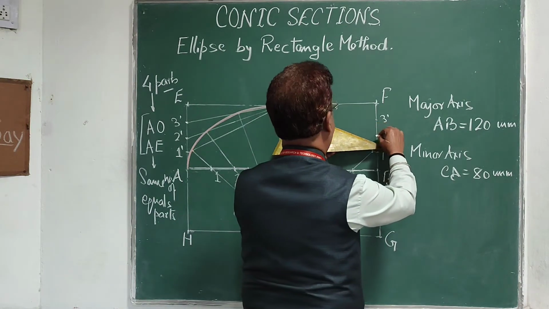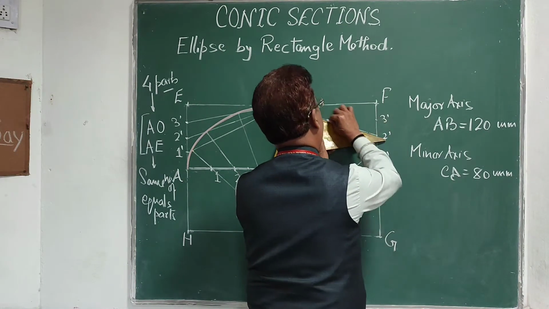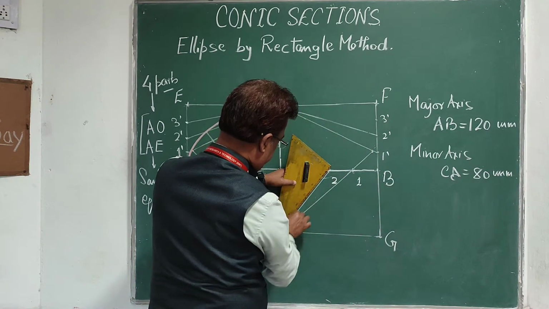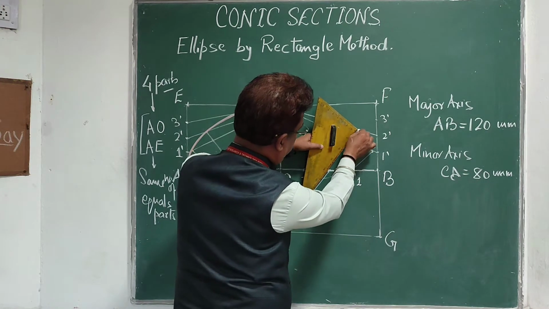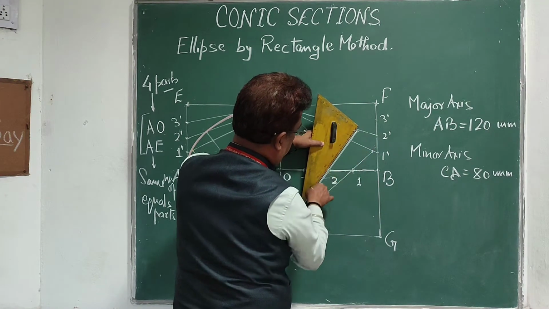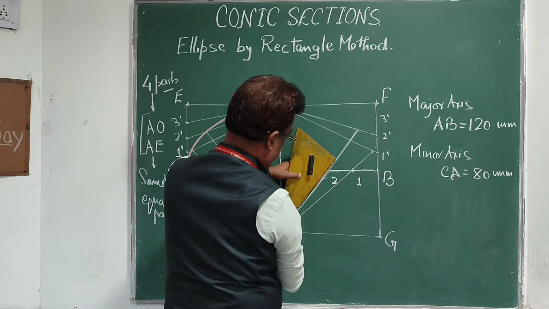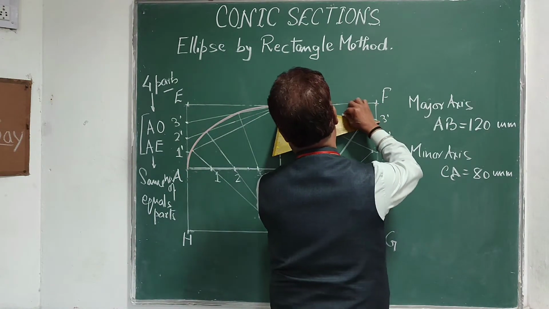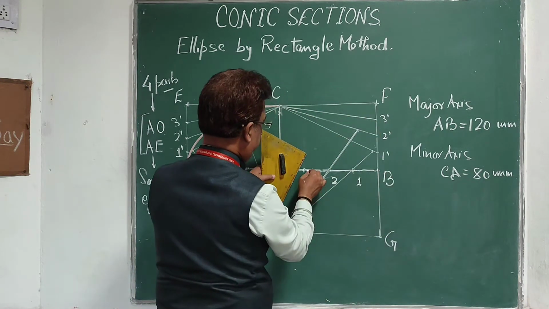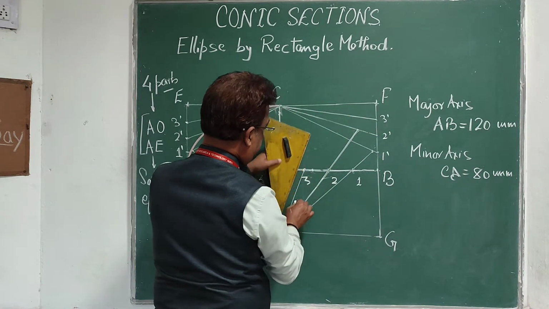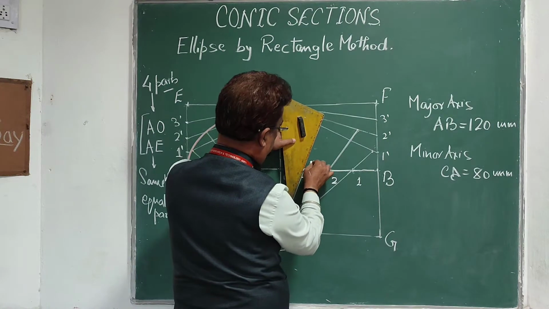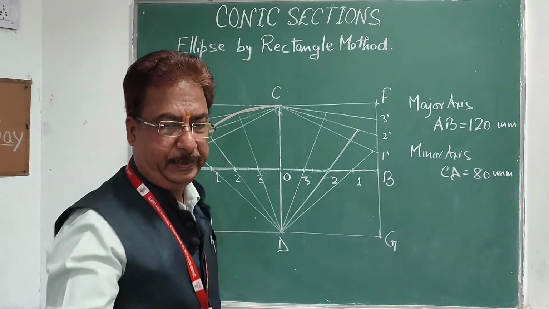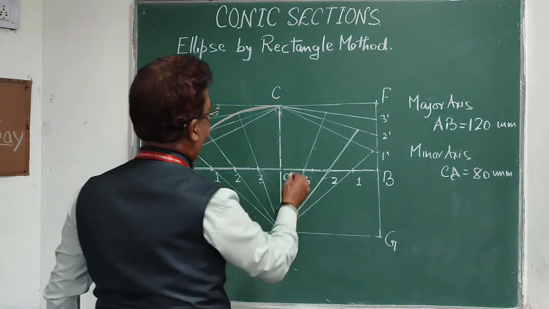Same way C with 2 dash and this D with 2 and extend this line upside. So that is another point on the curve. Then this 3 dash, so this D with 3. Again I can easily get these points.